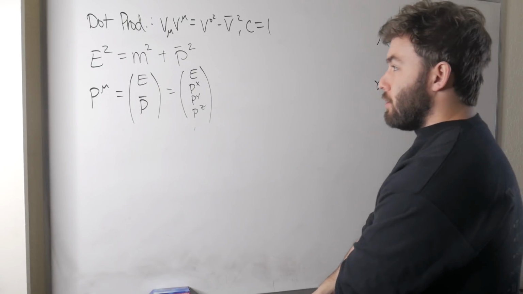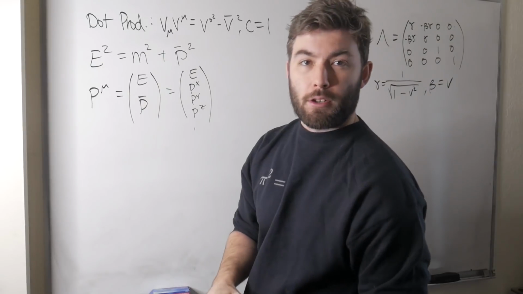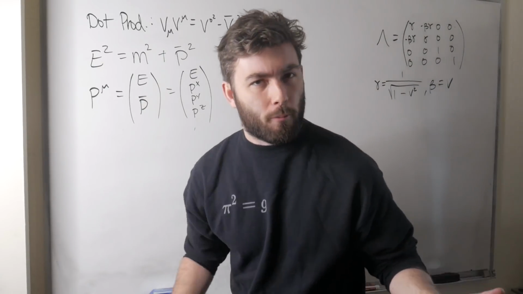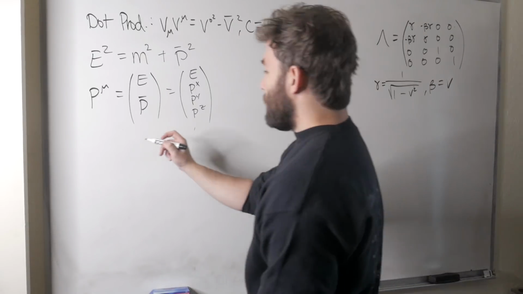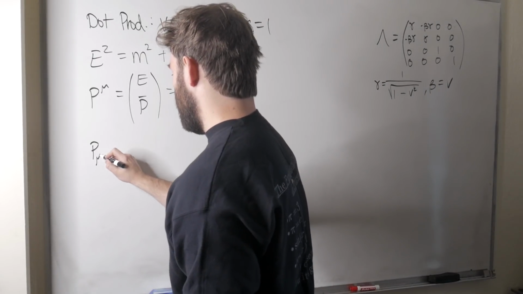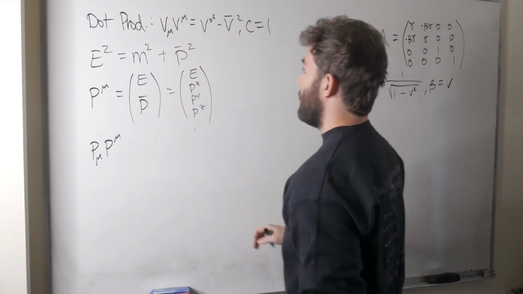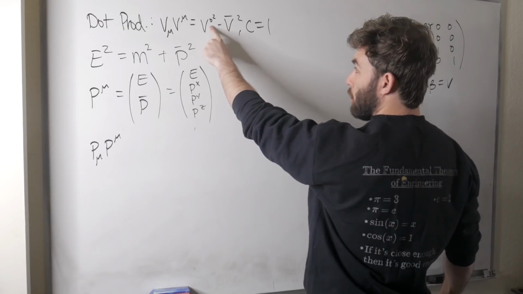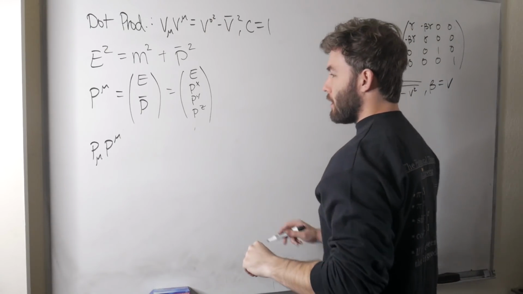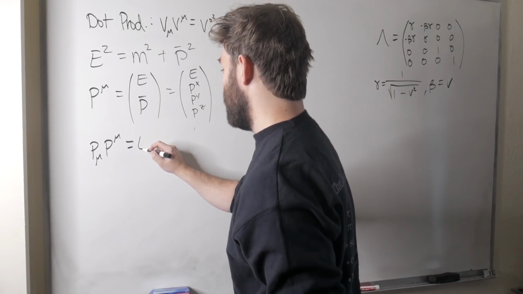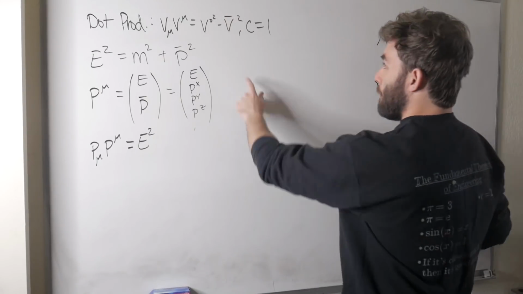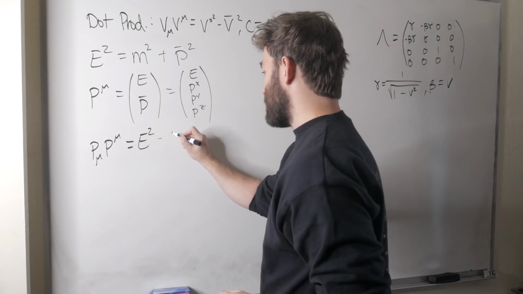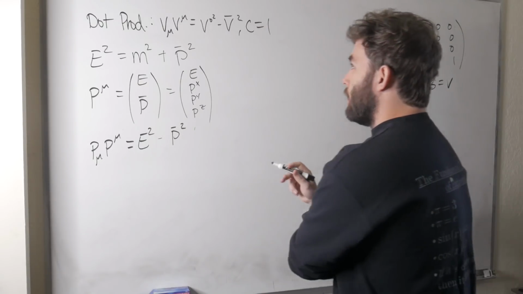So the next thing that I want to do is take the dot product of the 4-vector with itself. In a sense, we're going to be finding the length of the 4-momentum, so to speak. So p mu, based on this definition of the dot product of a 4-vector with itself, is going to be the 0th component squared, which is just the energy squared, minus the momentum squared, in this case, minus p vector squared.